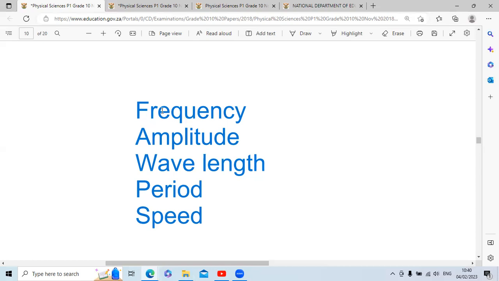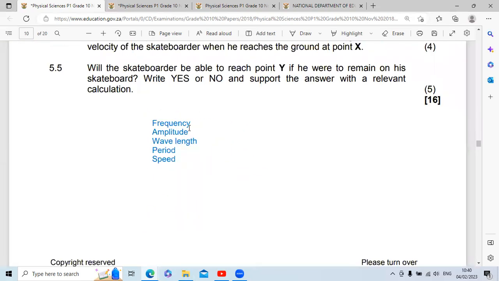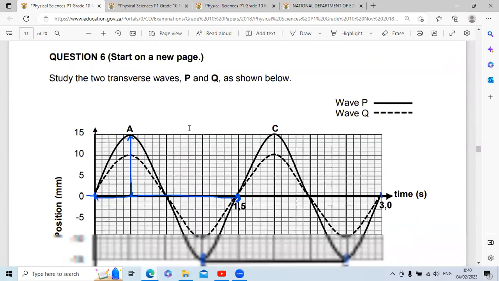The last one is the number of waves passing through one point in 1 second. Frequency. Okay. So I suggest you try to remember all these definitions, and after you remember them, you can try to apply them on the actual wave.